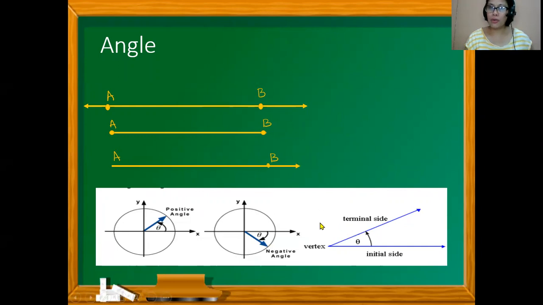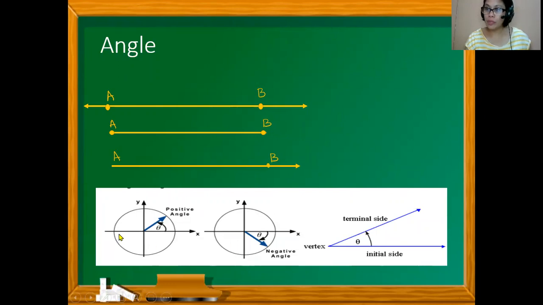This figure below will show the initial and the terminal sides of an angle with this vertex. So this one is the initial side. The initial side is where the rotation will start, and the terminal side is where the rotation will end.